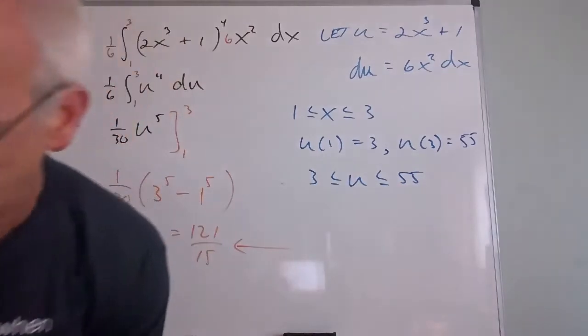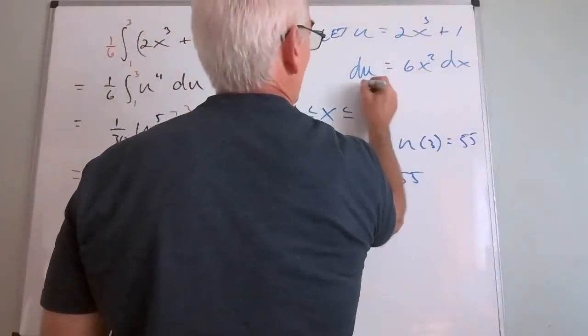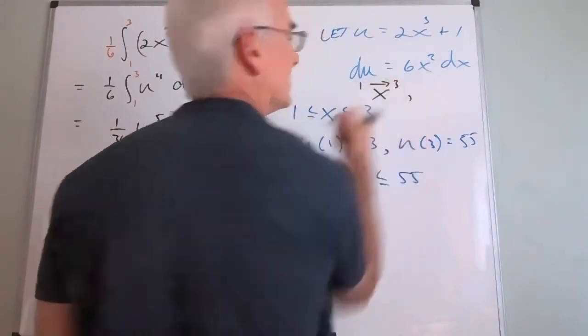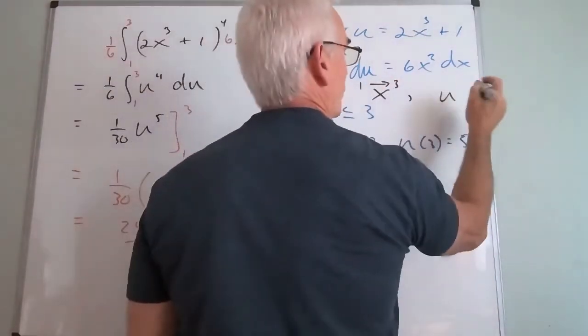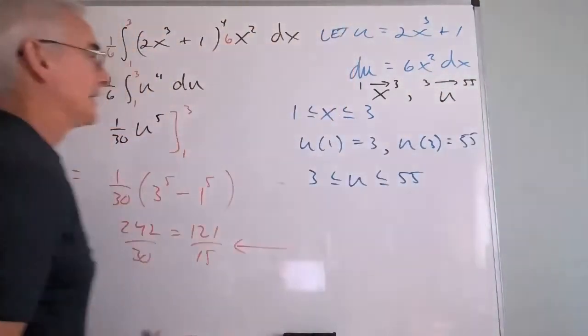I found the simplest way to do this is I write it like this. I say, as x ranges from 1 to 3, u ranges from 3 to 55. And so what do I do?